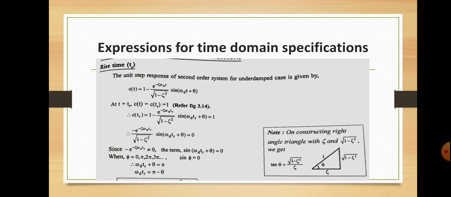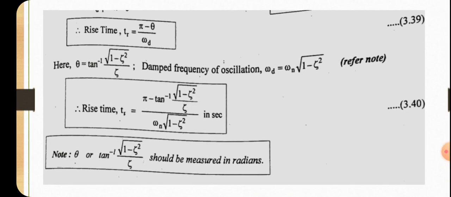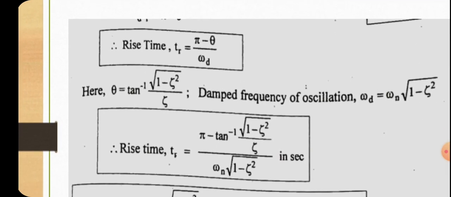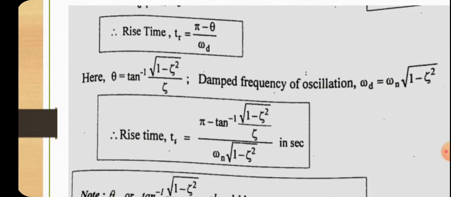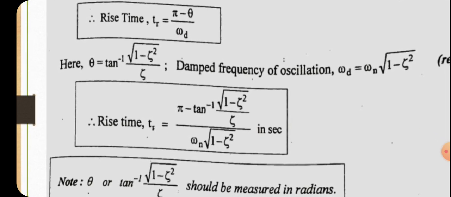And when tan theta is this value, then theta will be equal to tan inverse of square root of 1 minus epsilon square divided by epsilon. And we have the expression omega d Tr equal to pi minus theta. So rise time Tr, by rearranging that equation, will be equal to pi minus theta divided by omega d, where theta equals tan inverse of square root of 1 minus epsilon square divided by epsilon.